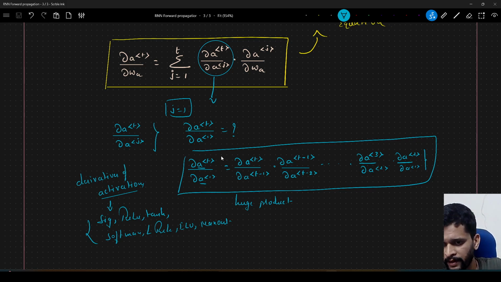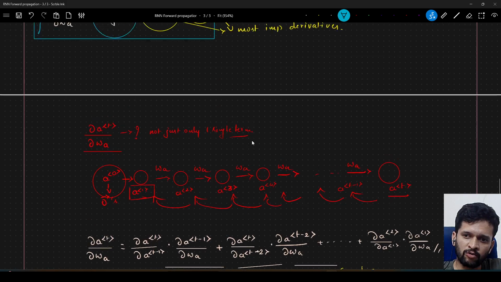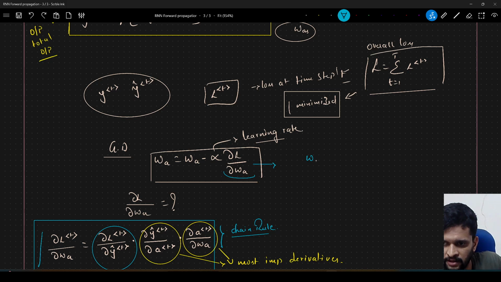This is a bit complex, but if you have a good grip on the chain rule, you can solve almost any derivative like this. Okay, so it's simple. Now that I have told you how we calculate this particular term, similarly we will have these updates. We had updates for WA, right?